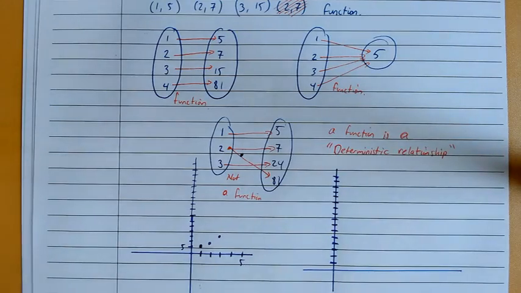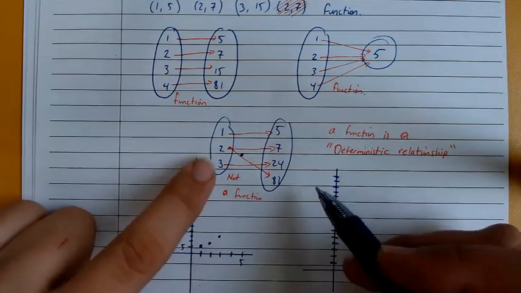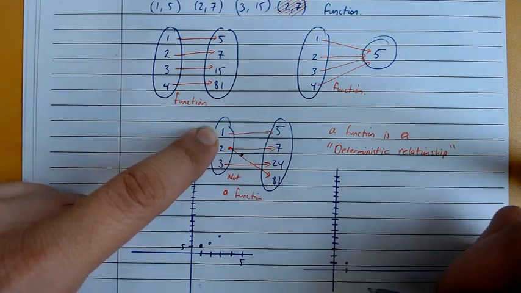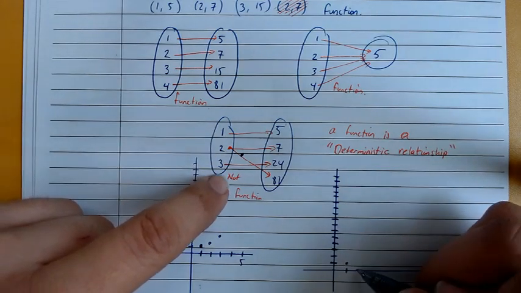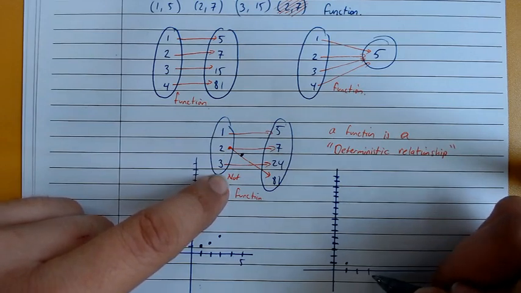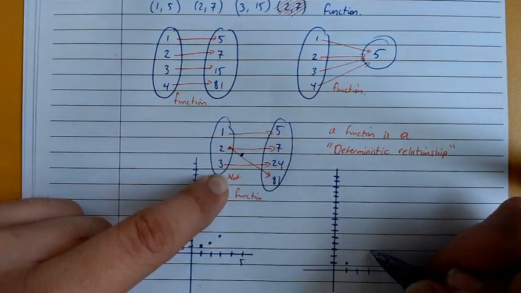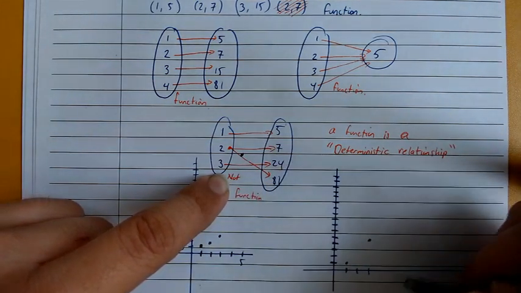All right. When x is equal to 1, we have y is equal to 5. So right there. When x is equal to the number 3, y is equal to 81. All right. Let's see here. Oh, sorry, y is equal to 24. 1, 15, 20, 24, right about there.